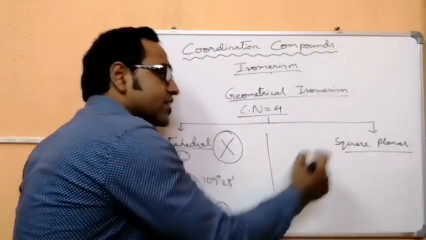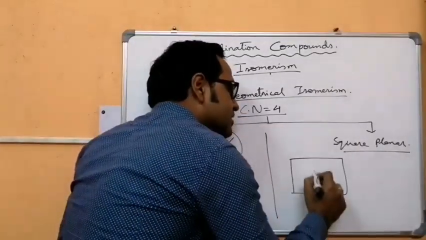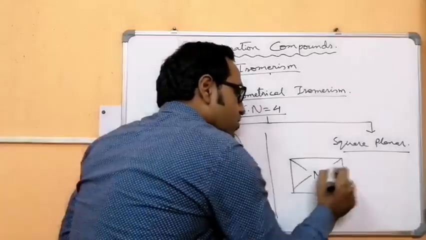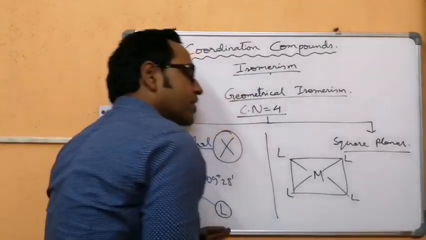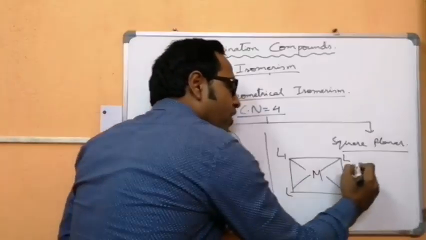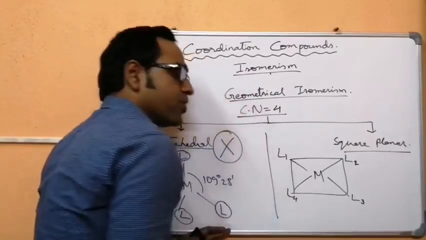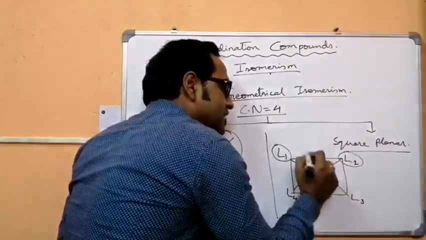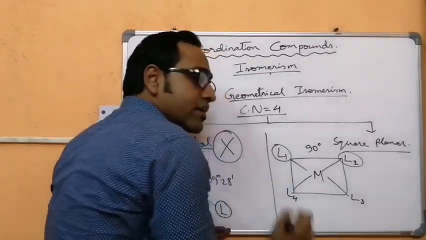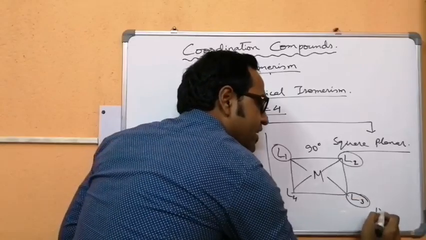In the other case, the square planar geometry, the metal is surrounded by 4 ligands. Consider ligand 1, ligand 2, ligand 3, ligand 4. The angle between ligand 1 and ligand 2 is 90 degree. The angle between ligand 1 and ligand 3 is 180 degree.